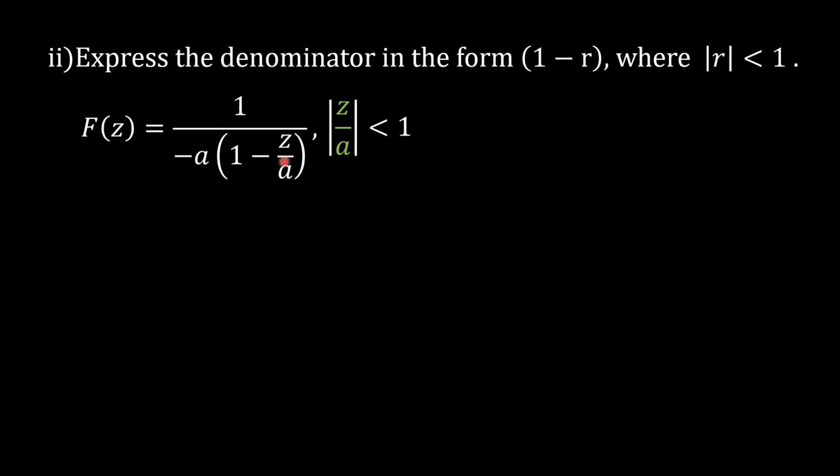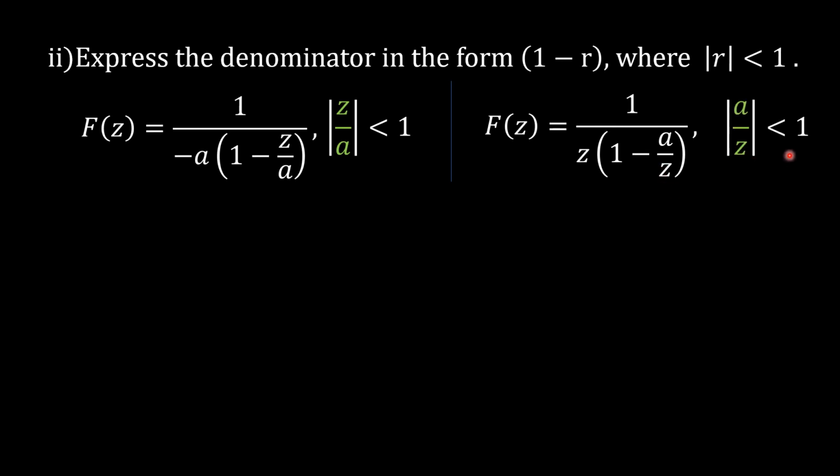So our r is z upon a in this case. In the second example it is as it is, because we already have the denominator in the form 1 minus r. So F of z is equal to 1 upon z into 1 minus a upon z for mod of a upon z strictly less than 1, and this a upon z is the common ratio.